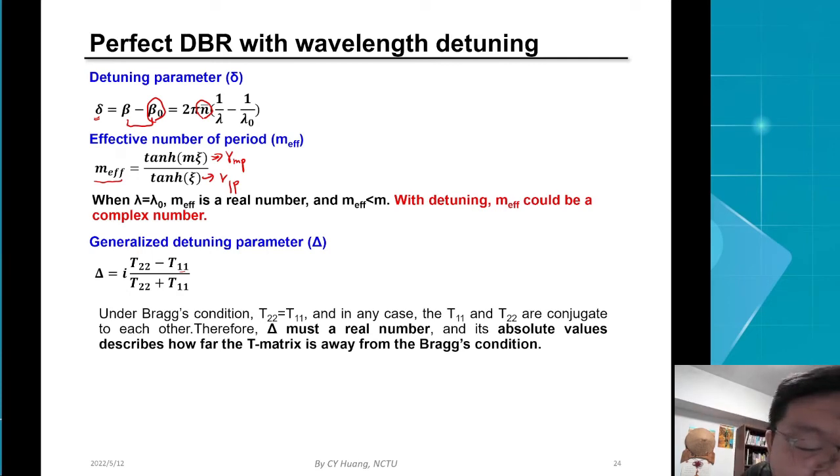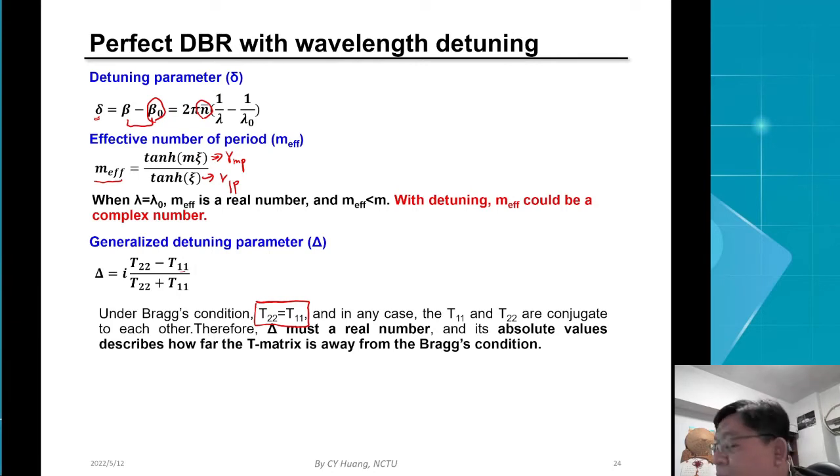Because under Bragg's condition T22 will equal T11, as we have already shown, but if it is not, T22 and T11 will differ. So the higher T22 minus T11 is, the larger the detuning. So it is purely intuitive. You might ask why we need to introduce two detuning parameters.